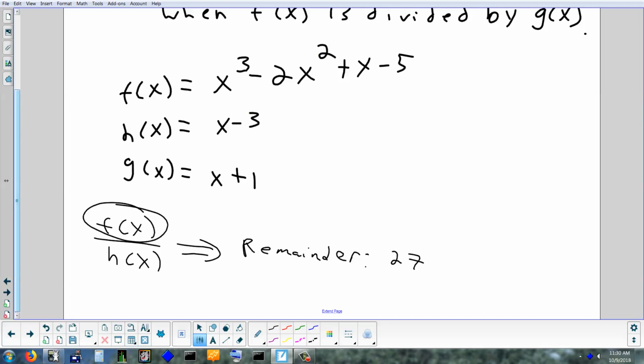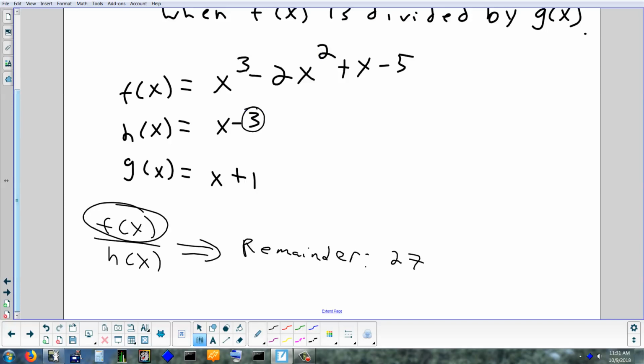Nine times 2. Okay. So we're going to use the remainder theorem with the number 3. We did the first part, 3 cubed is 27, minus, now we have to put 3 in for x here.